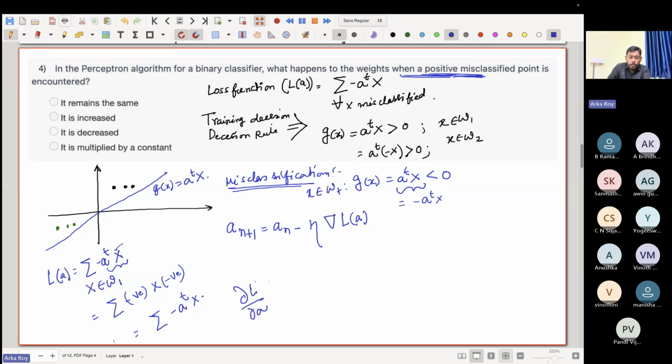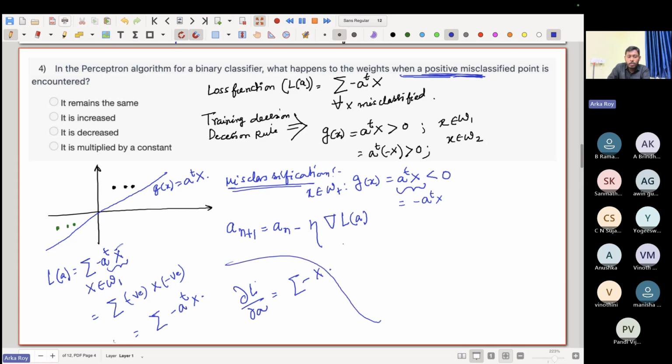So it would be del L by del A. If you do del L by del A with respect to A, obviously, if you take it with respect to A, it would be minus summation of X.